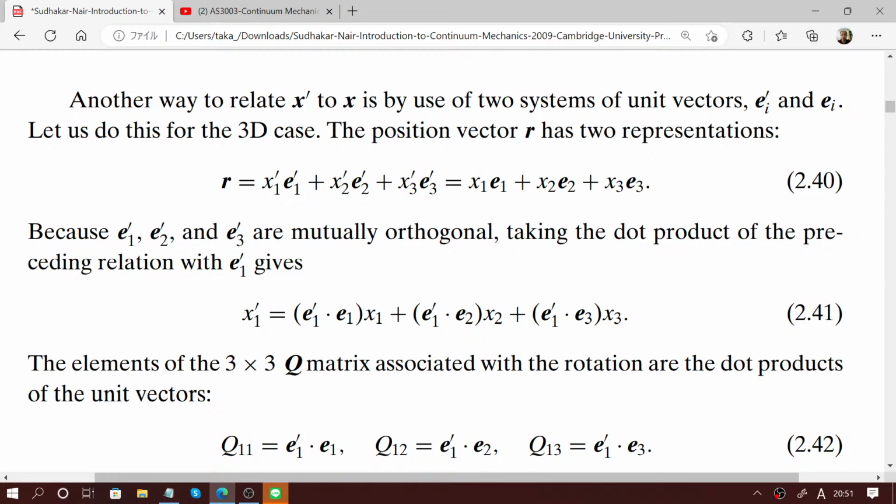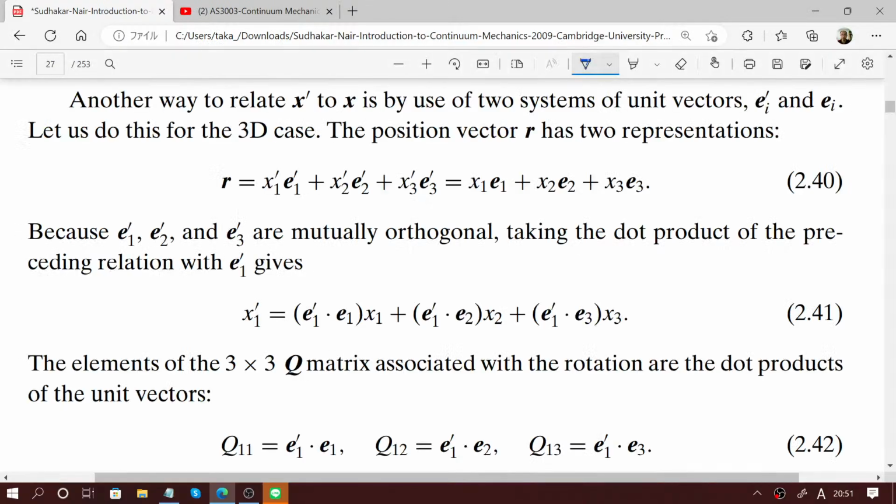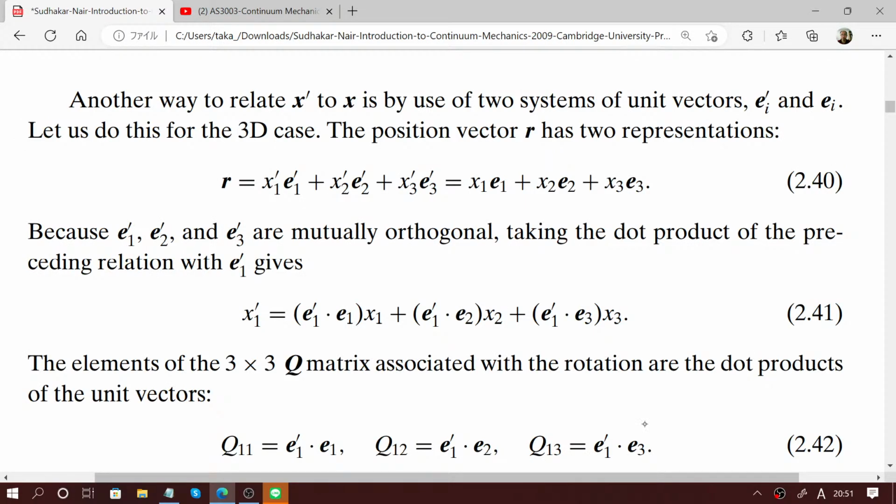Taking the dot product of the preceding relation with E1 prime gives, yeah. Now we want to obtain x1 prime.